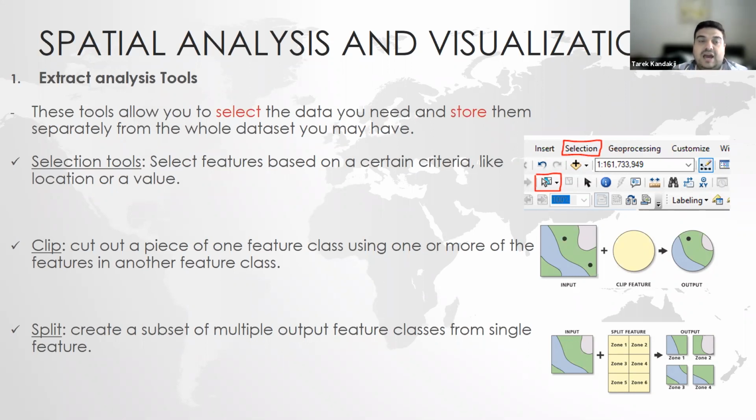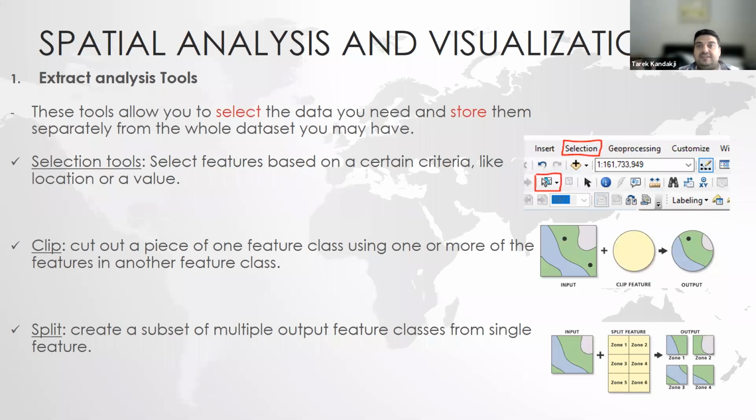Now, how do you do that? What kind of analysis can you do? You can do many types of analysis. I really hope that we will have time at the end of the lecture today to demonstrate some of those tools. The first thing in GIS is extract analysis tools, like the extraction, how to extract data.